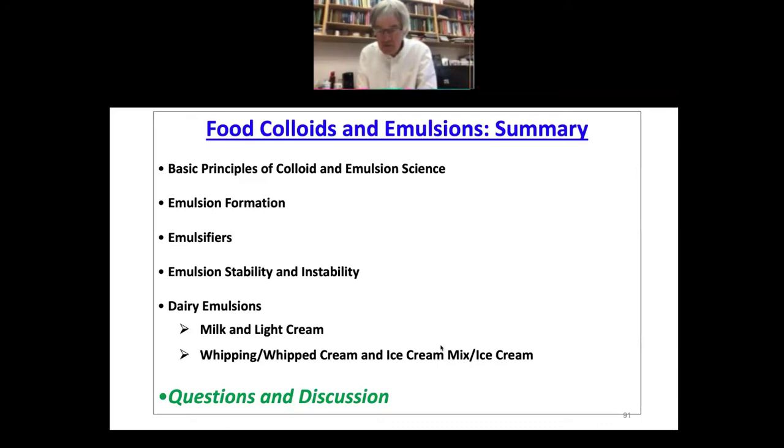The fat droplets and their size and their internal composition, the composition of the outside interfacial layer, the phase volume, and how it all comes together to create either stability in a colloidal system or undesired instability, or in the case of whipped cream and ice cream, planned instability or desirable instability.